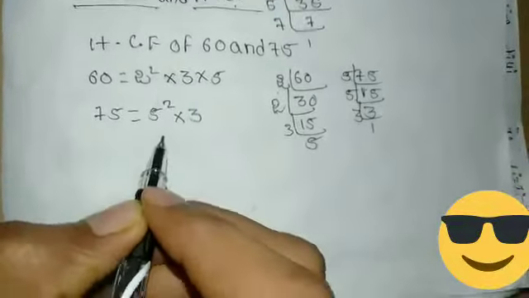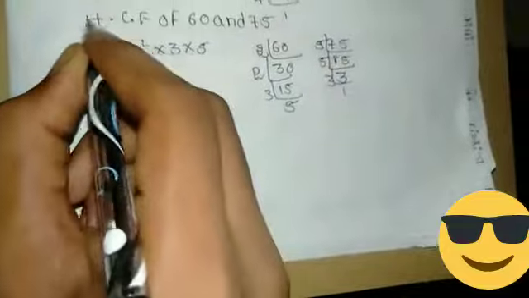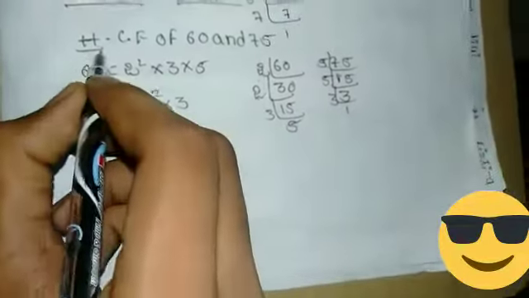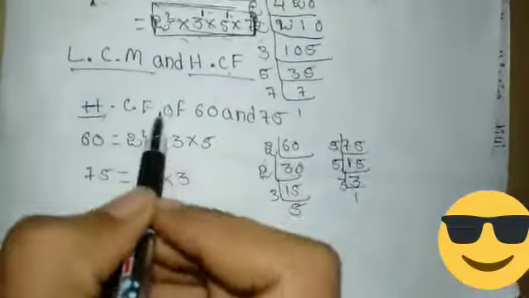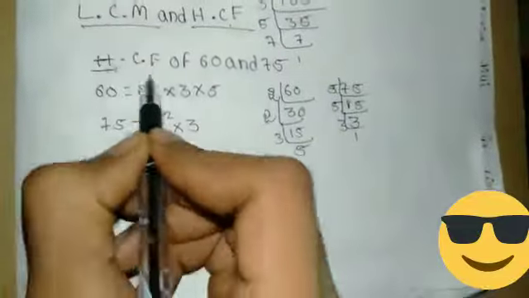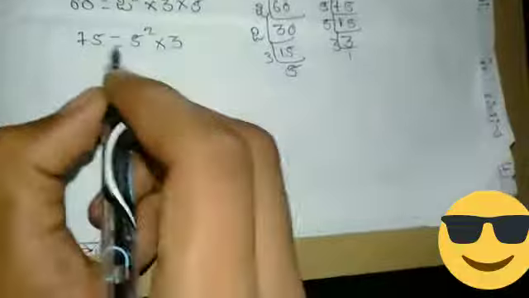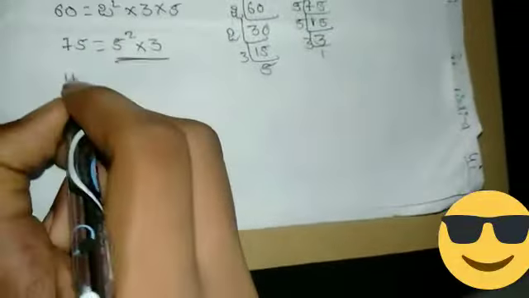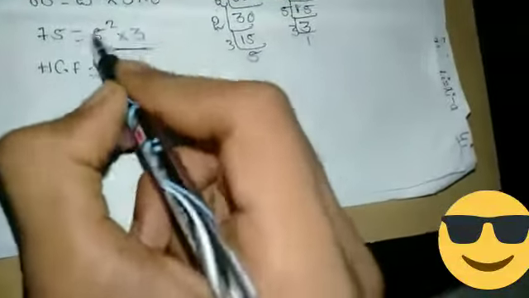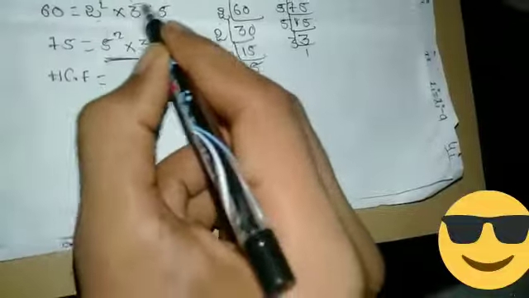Now HCF for this: H means highest common factor. HCF means highest common factor, so here we take the least powers. Both have common factors 3 and 5 only.